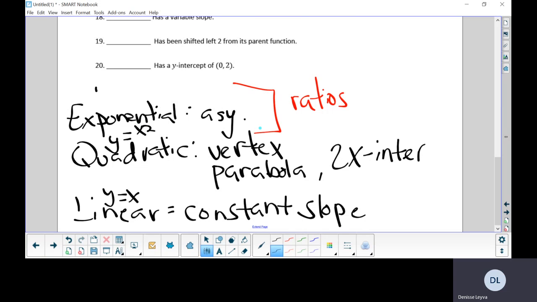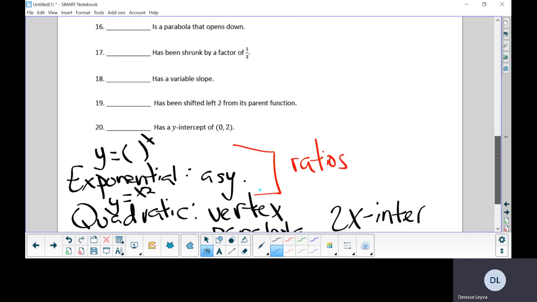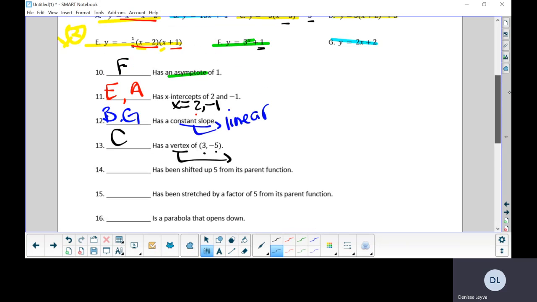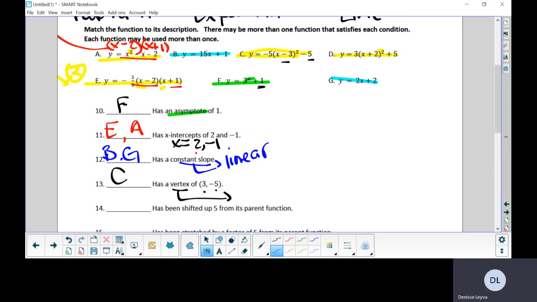And for exponential it would be y equals, I guess this is a little bit different because your base can be anything, and then just x. So we are looking for one of the functions that has an up 5, a plus 5. In this case, the only thing that satisfies this equation would be D, because there's that plus 5 right there. So remember, this is D.